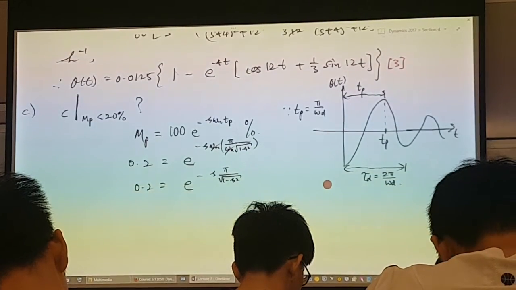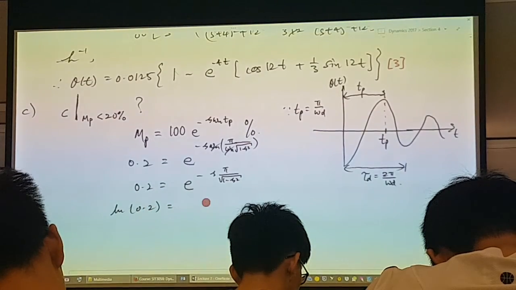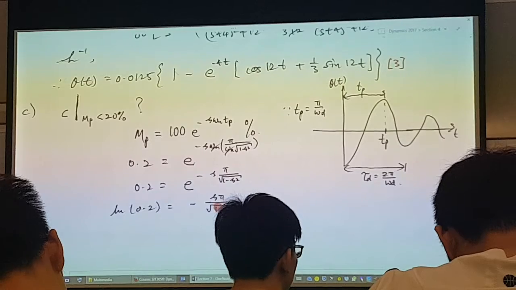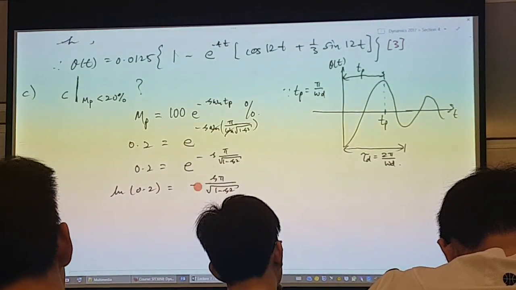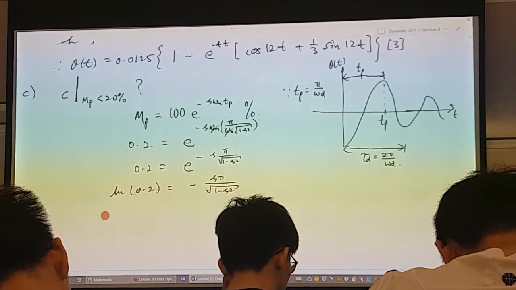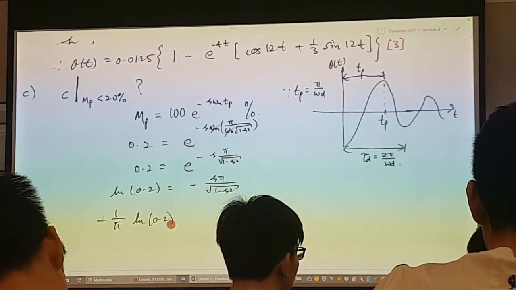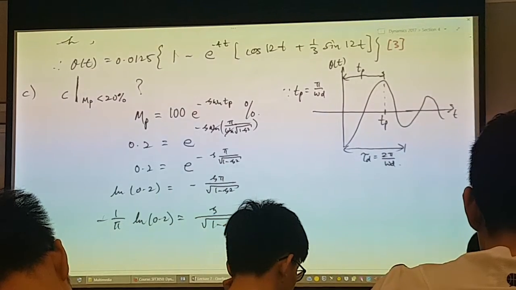Then you can take ln on two sides. So that will give us minus zeta pi over square root 1 minus zeta squared. And I can bring that minus pi to the left hand side. So I have minus 1 over pi ln 0.2 equals zeta over square root 1 minus zeta squared.